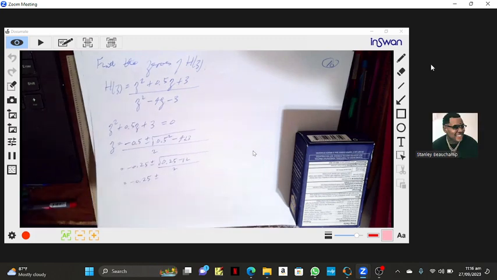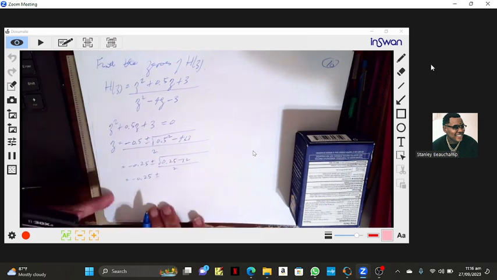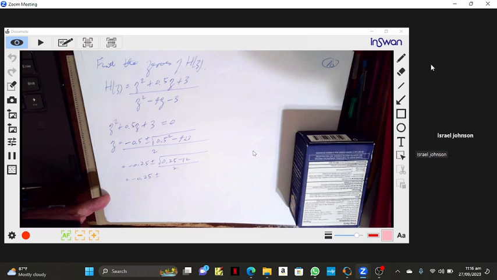Square root of 3. Is that a 12 in the numerator?